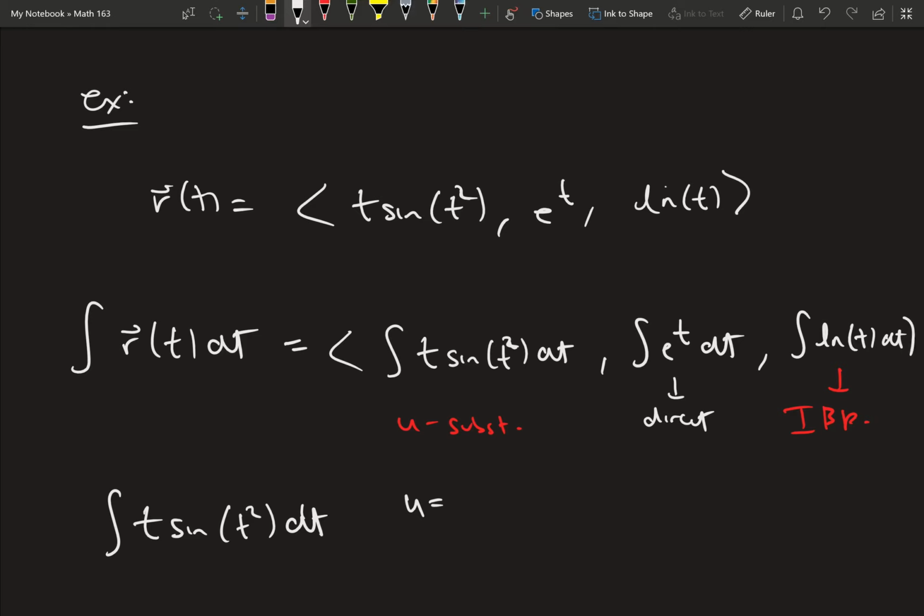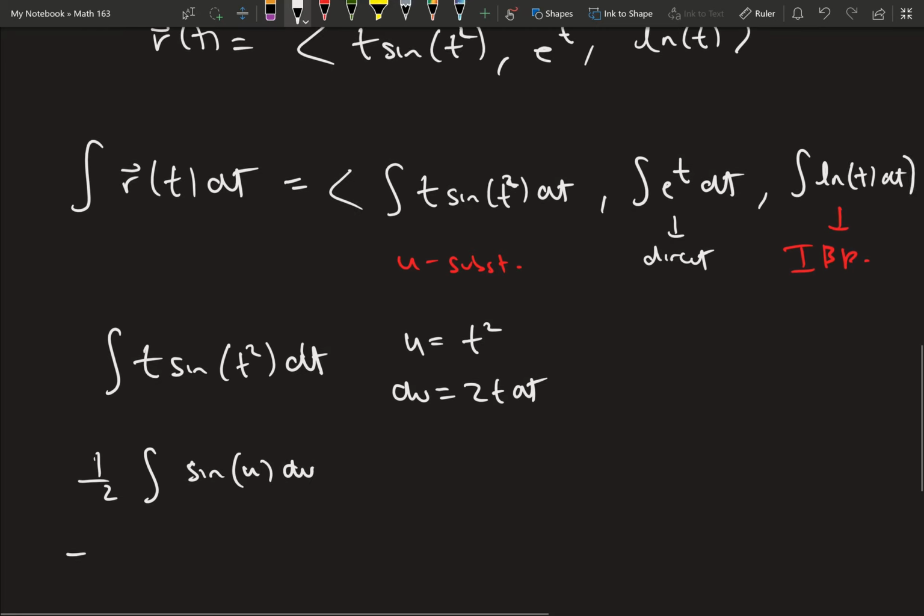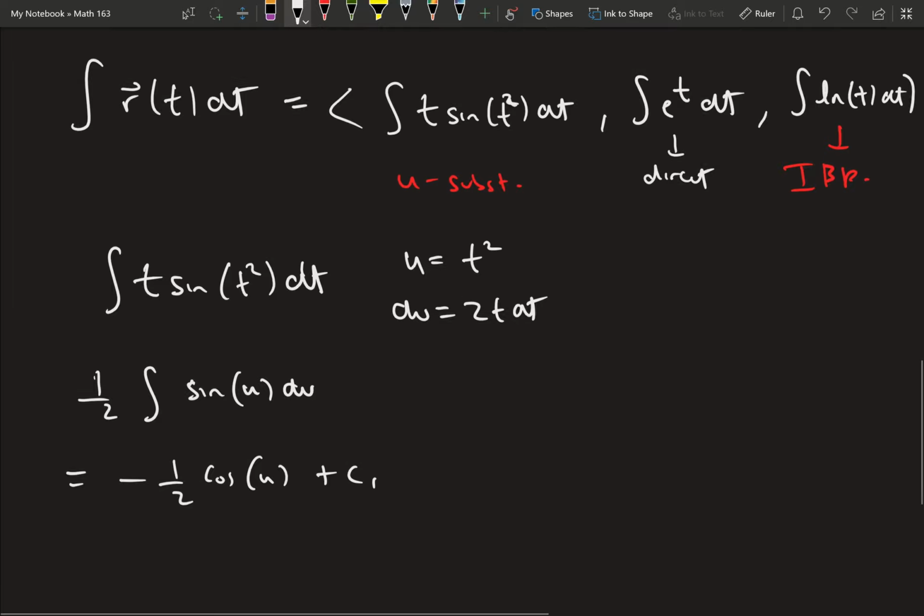For this, we'll set u to be t squared. du is 2t dt, so this becomes 1/2 the antiderivative of sine of u du, and that equals negative 1/2 cosine of u plus a constant, we'll call it c1.